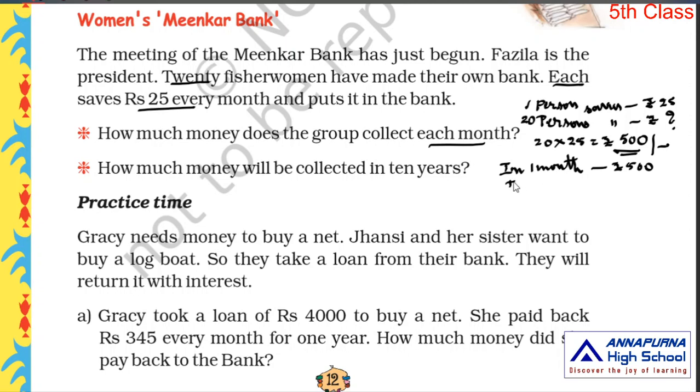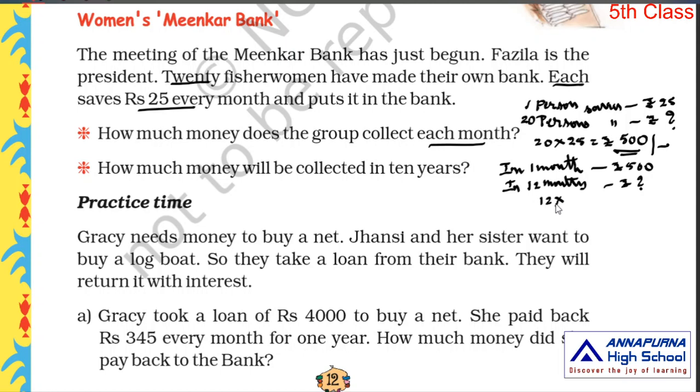How many months are there in 1 year? 1 year is equal to 12 months. In 12 months, how much do they save? 1 month is 500 rupees, so 12 months is 12 times 500 rupees.